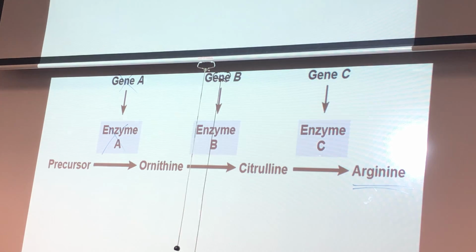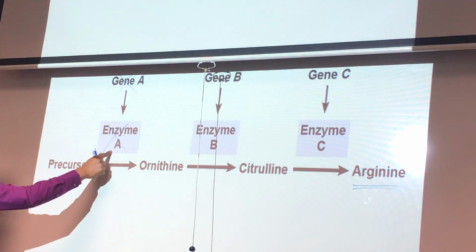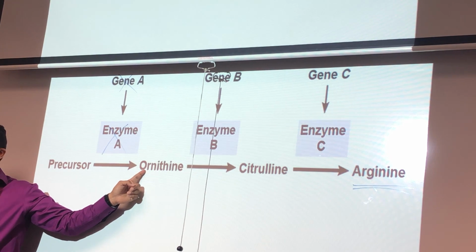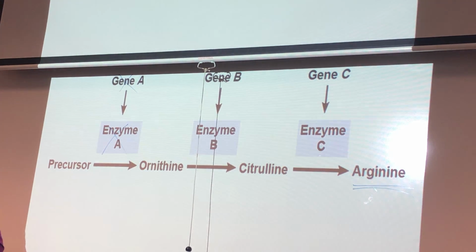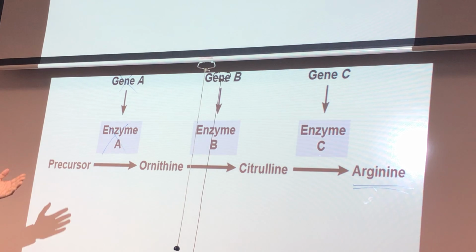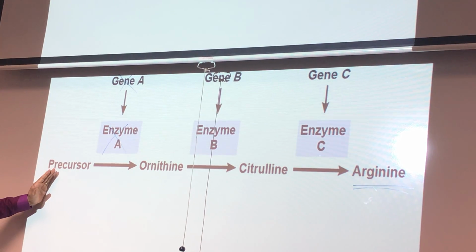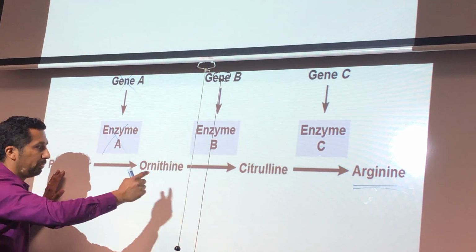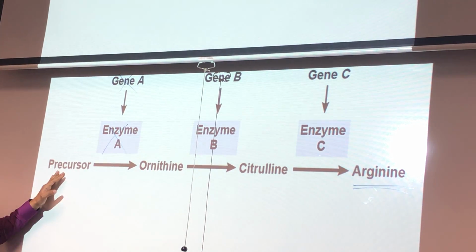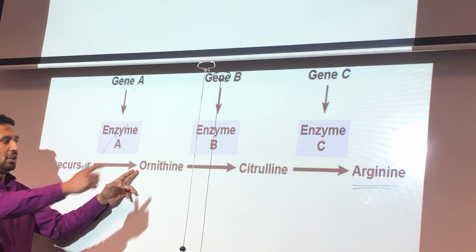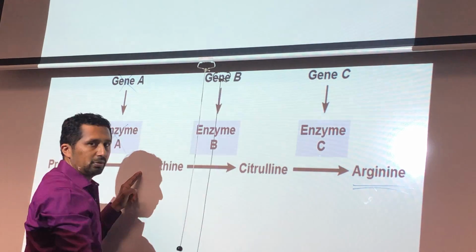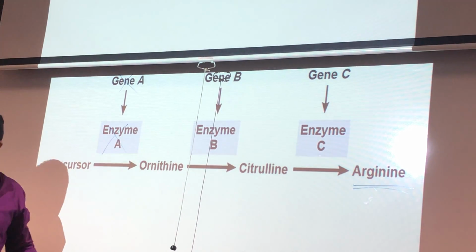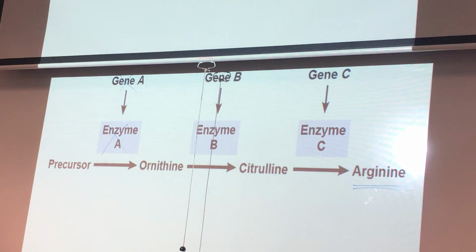But if the mutation affects this, they cannot make ornithine anymore and live. So the goal here is to put this mutant cell in the minimal media and add ornithine, and now it's able to grow, because you're adding the product of enzyme A. Enzyme B is working, can make citrulline, enzyme C is working, citrulline can make arginine, and the organism lives. That's how you define it.